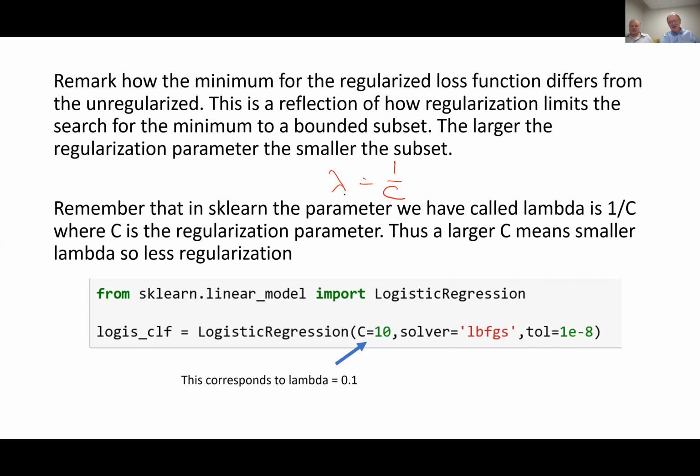When you regularize, a very, very large constant there corresponds to a very, very small regularization parameter. That's something that Adam in particular is really upset about. But that's to make sure that you always regularize, so you should always get a solution in sklearn.